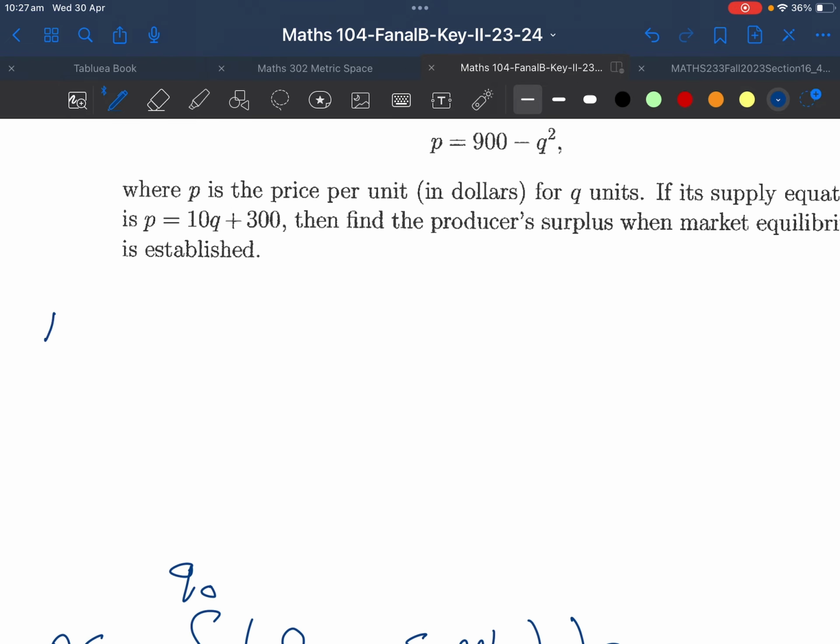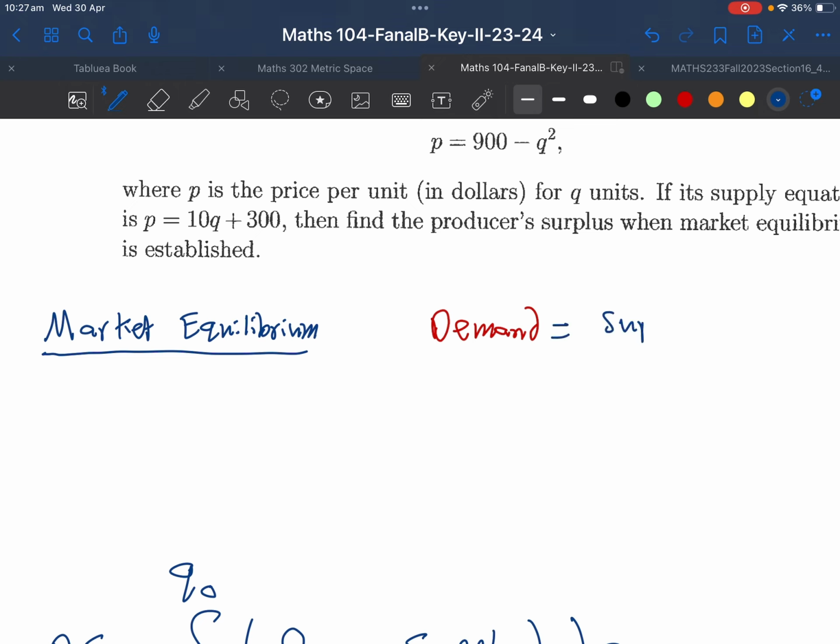Now, how to find the market equilibrium? We do the following. We have to write the demand equal supply, which means the demand 900 minus q squared should equal to the supply, which is 10q plus 300.